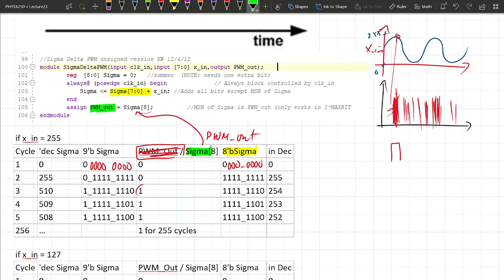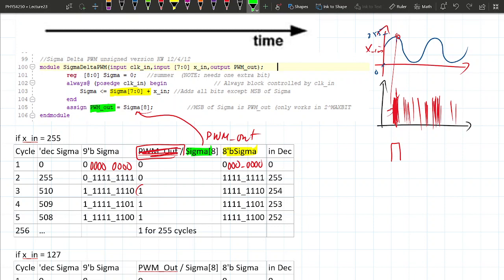Do the little binary computation. What do you add to this next cycle? 255, yeah. Every cycle you add 255. When you add 255, you get 508. You get a pulse high still, because any number that's bigger than 255, you're going to pulse high, because whether or not you pulse high or low is just determined by this 8th bit. Let's call this the most significant bit up here.